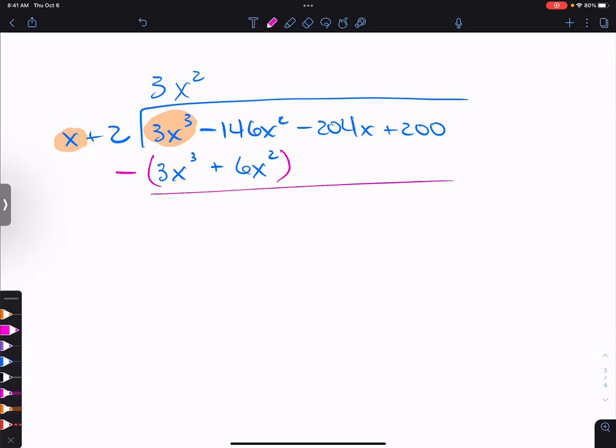That should go away because that was the whole point of the step before. So those drop out, which is good. Negative 146 minus 6, so negative 152x squared. And then I'm carrying the other stuff down because there's nothing to subtract from it, right? So it's like there's 0x and 0 there if you want, or just carry them down.